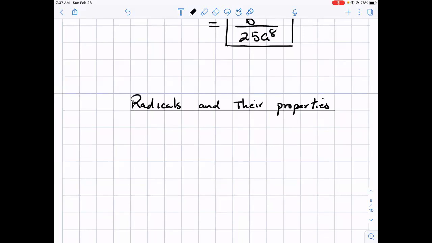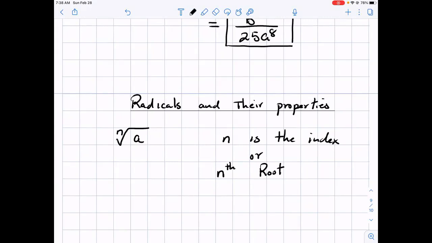So we did this before in a video, and if you recall, the nth root of a, where n is the index, or the nth root, like n to the th power, the nth root.